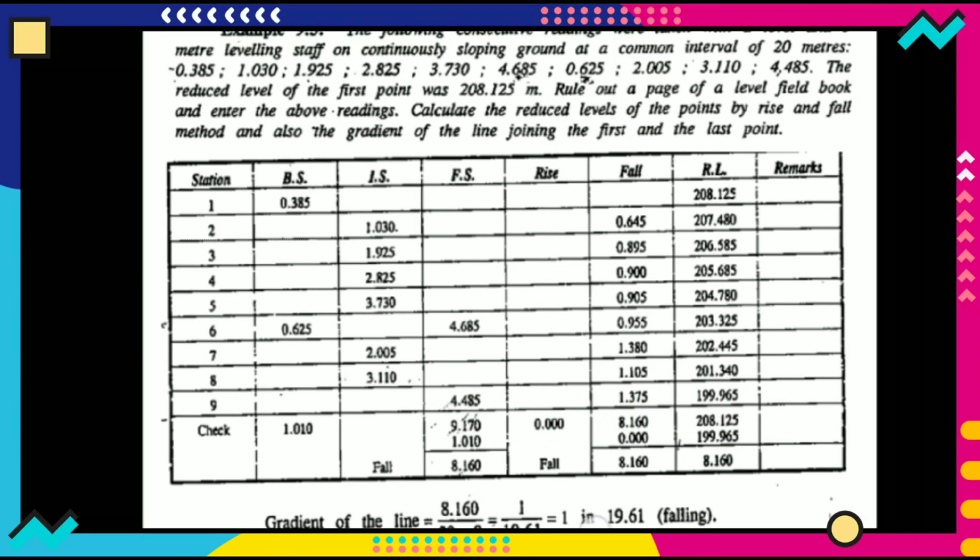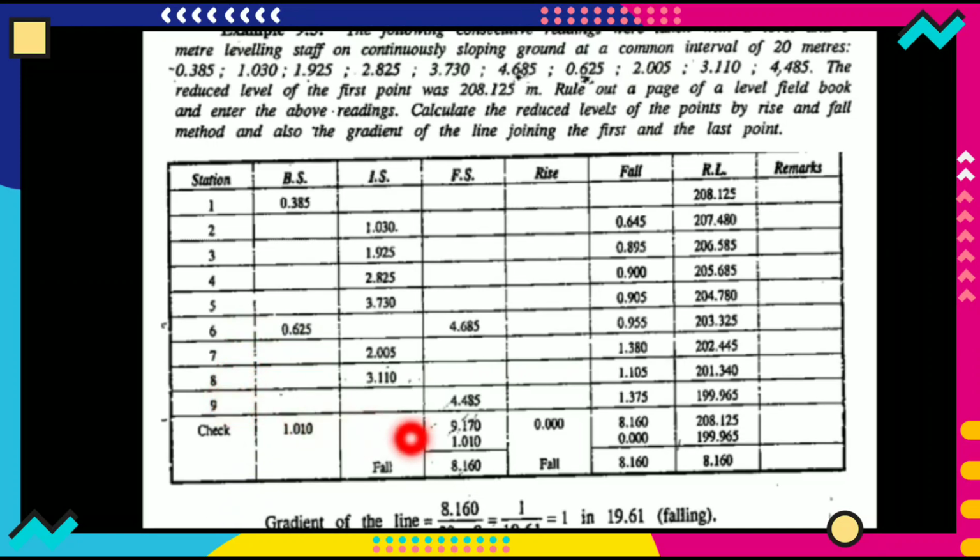And what is gradient? So gradient, slope, is vertical upon horizontal. So vertical is the vertical difference, the difference of rise and fall, so that is 8.160, and the horizontal distance is, so this is our first point. Okay, so every reading is taken at an interval of 20 meter. So first is 0, 20, 40, 60, 80, 100, 120, 140 and 160.